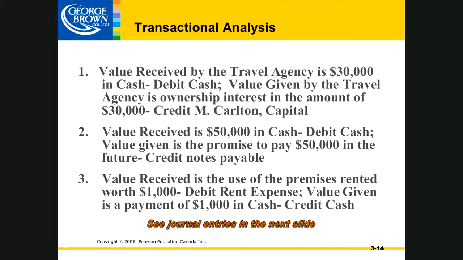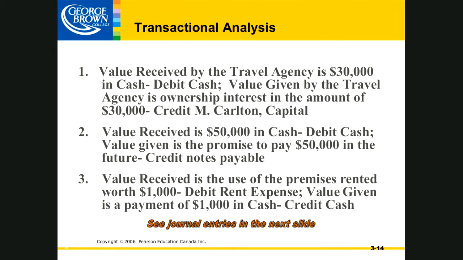In the first example, value was received by the travel agency in cash. Mr. Carlton gave them $30,000 to buy in ownership to the travel agency. So the travel agency now has $30,000 more cash. Because cash is an asset, we debit cash. And then in this transaction, value was also given.